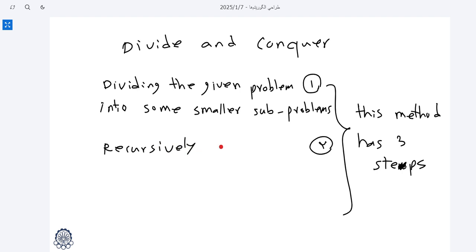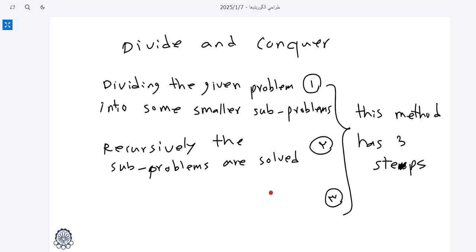In the third step, we combine the solutions of the subproblems to make the solution of the original problem.